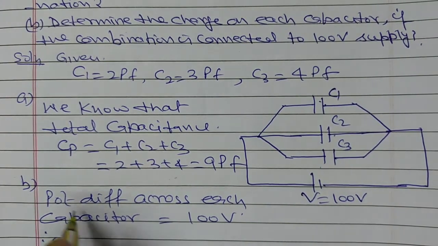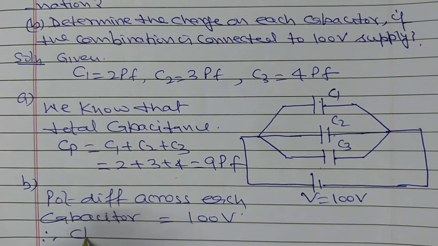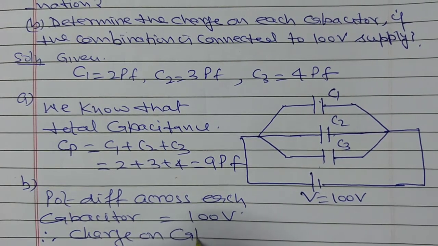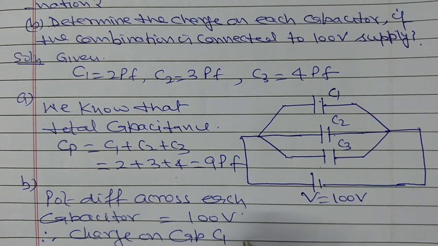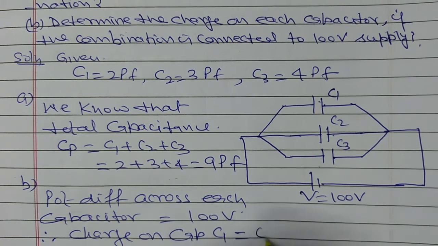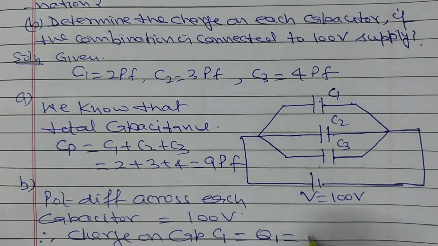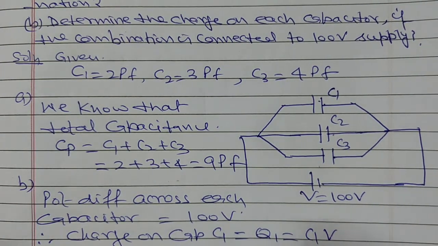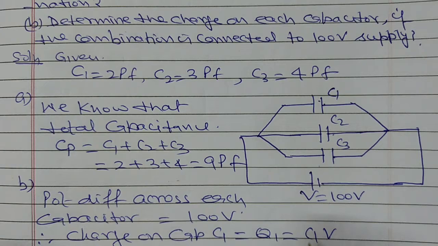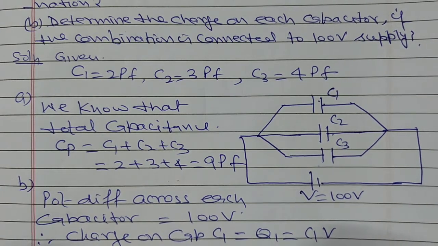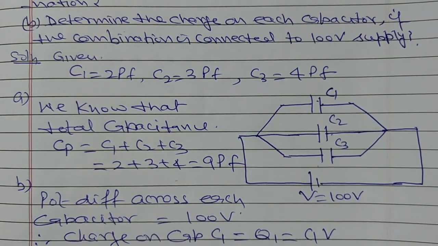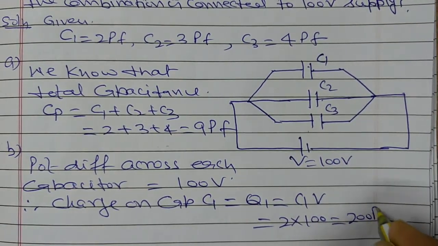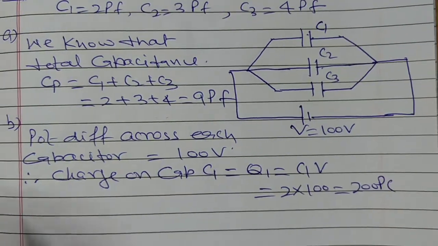Therefore charge on capacitor C1, that is Q1, is equal to C1 into V, and this C1 is here 2 picofarad into V is 100, so this is equal to 200 picocoulomb.